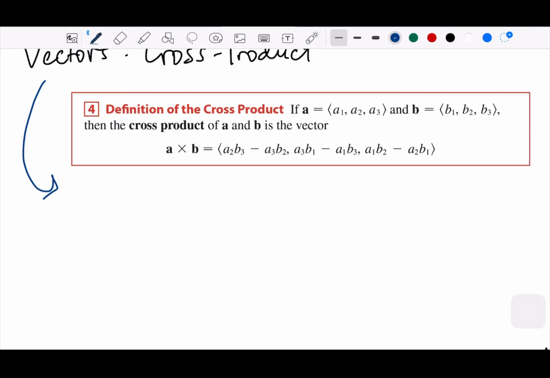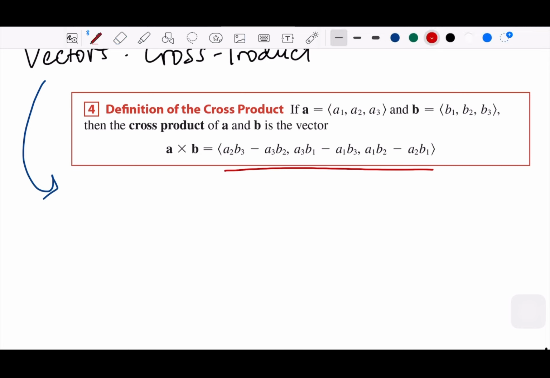The difference between the dot and cross, if you see from the symbols, is that the cross has this x-like multiply symbol, and you have this process: a2b3 minus a3b2 and so on and so forth. How do we write this? We are going to see later. We need to incorporate the matrix to see how we get this result here.